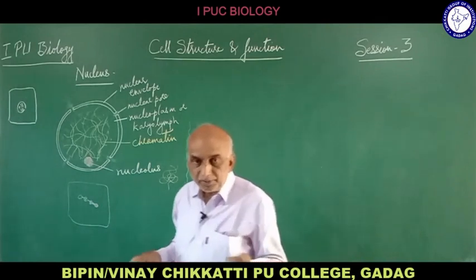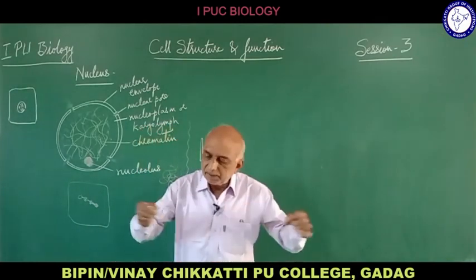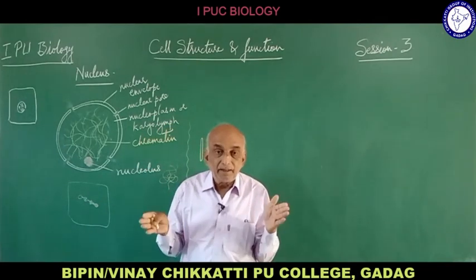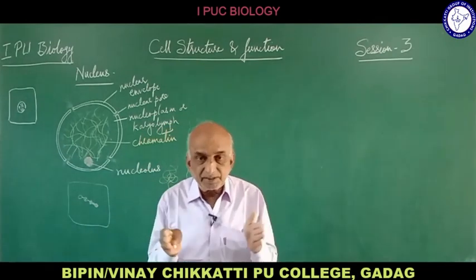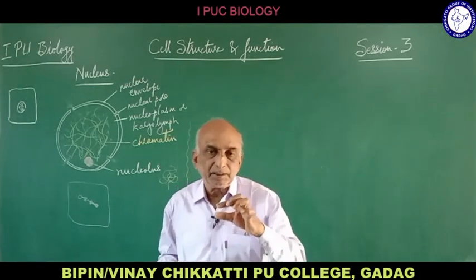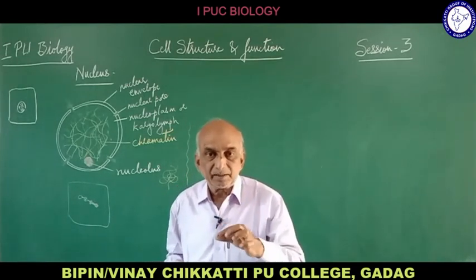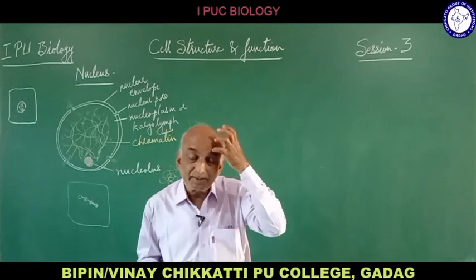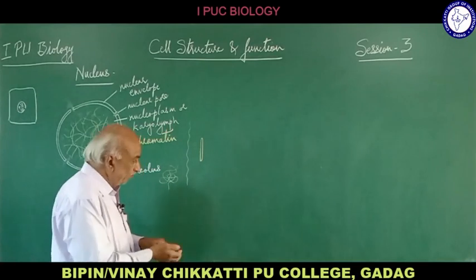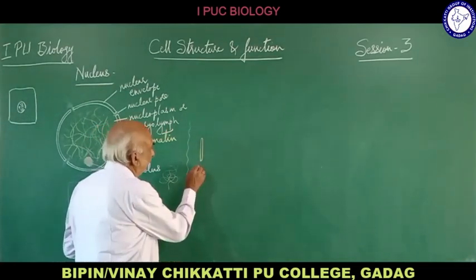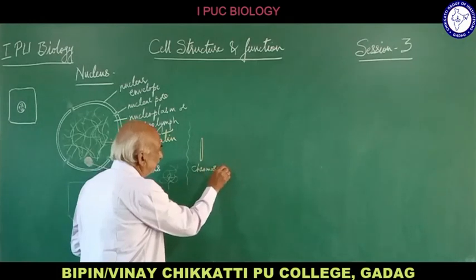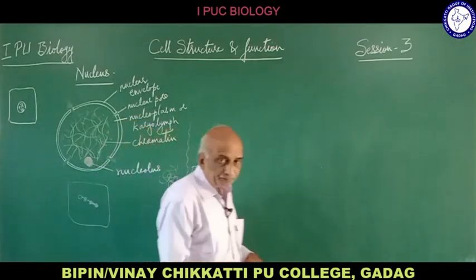So the chromatin fiber, which has a certain length, gets condensed, and as a result the length decreases and the chromatin becomes thick, rod-like or somewhat cylindrical in shape. This rod-like structure which is formed is called a chromosome.